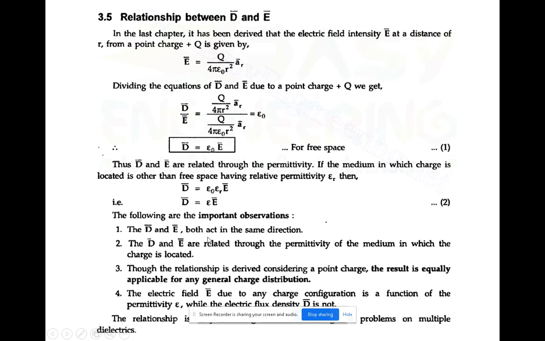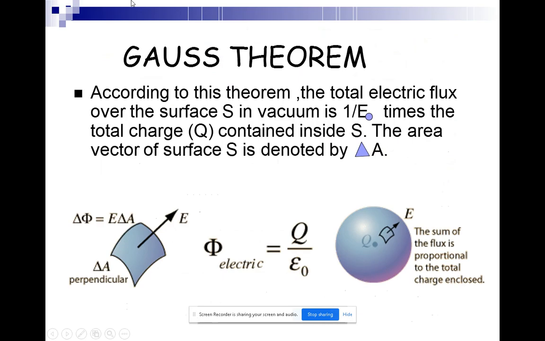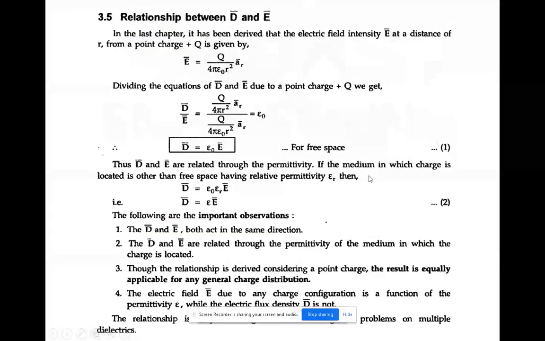Now, some properties are given. The D vector and E vector both act in the same direction. D vector and E vector are related to each other through the permittivity of the medium. The relationship derived for the point charge is applicable for any charge distribution.